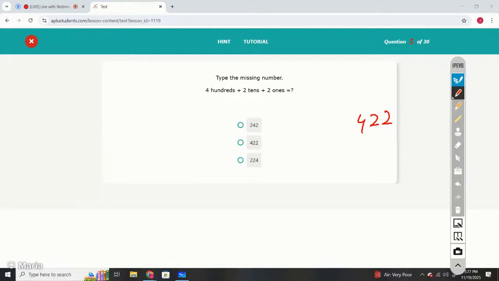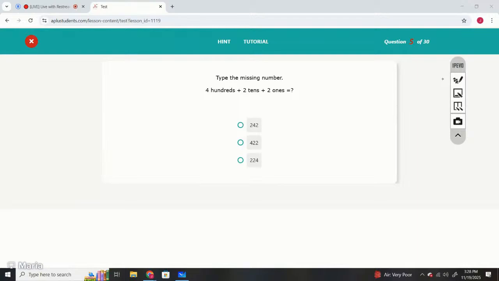So the number they make together is 422. That is 422. Option number 2 is the correct option.